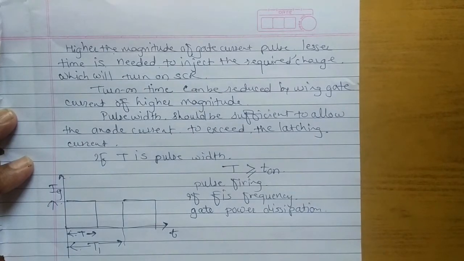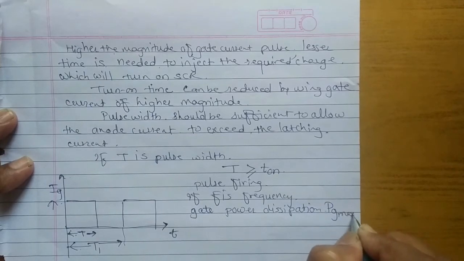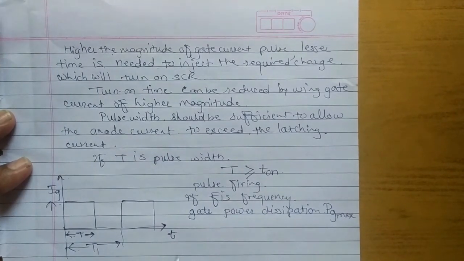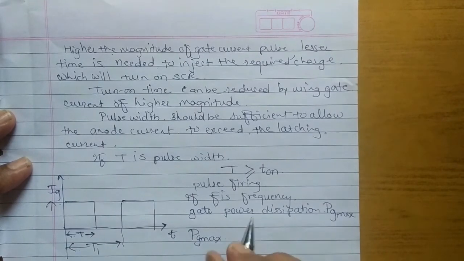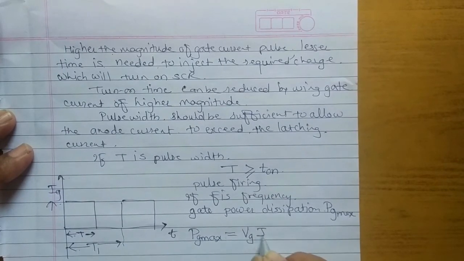Okay, gate power dissipation, PG max, I can say that is gate power maximum. So PG max should be equal to VG into IG.